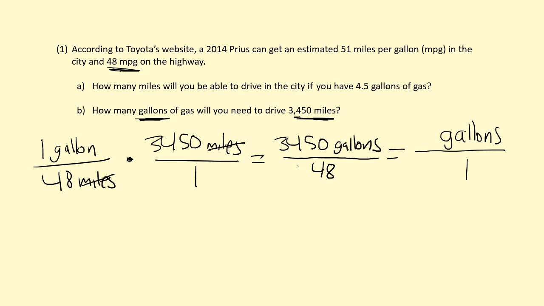So now the only thing left to do is to simplify this. We have 3,450 over 48. So I look on my calculator, I do the division, and I get 71.875, or about 72 gallons. I'll just round that off. So my miles have canceled. I've done the arithmetic with the numbers, and it turns out that I need 72 gallons of gas.